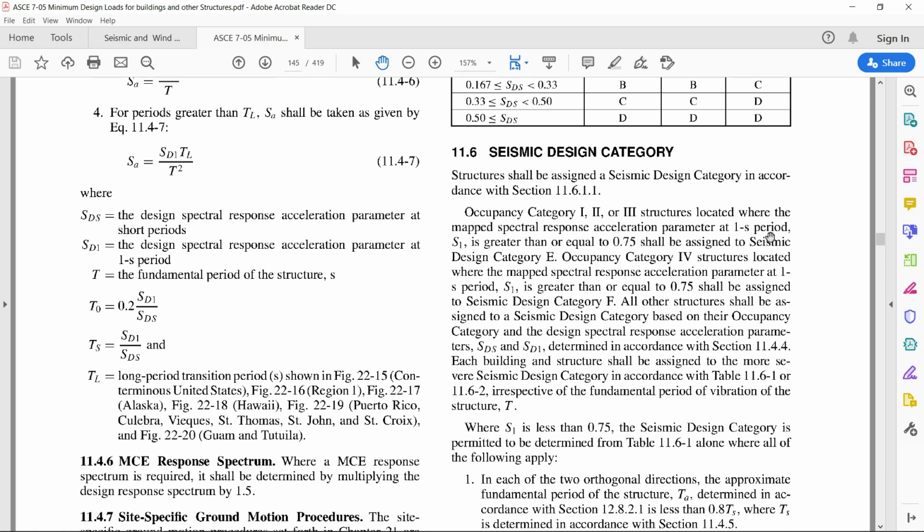Category E and F are defined over here. Occupancy category 1, 2 or 3 structures located where the mapped spectral response acceleration parameter at 1 second period, that is S1, is greater than or equal to 0.75 shall be assigned to seismic category E. Occupancy category 4 structures located where S1 is greater than or equal to 0.75 shall be assigned to seismic category F. All other structures shall follow the table.